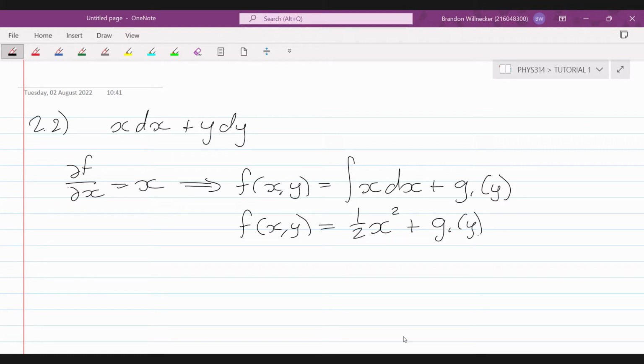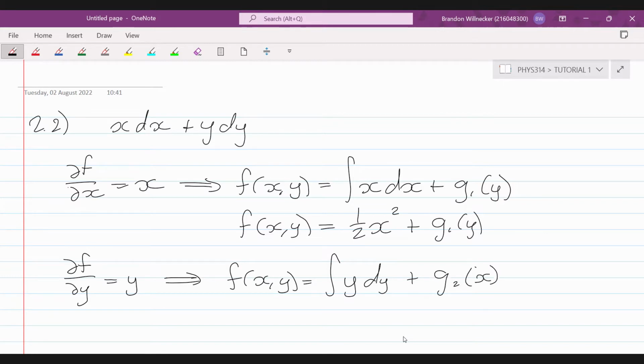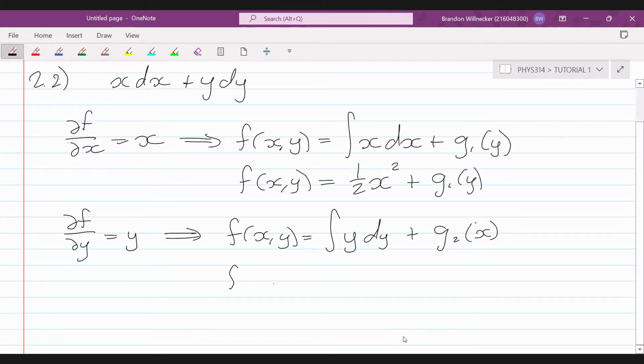Okay, we can do the same for the other part. df by dy is equal to y. So that means f of xy is going to be the integral of y with respect to y plus some function of x. So f of xy is equal to 1/2 y squared plus some function of x.